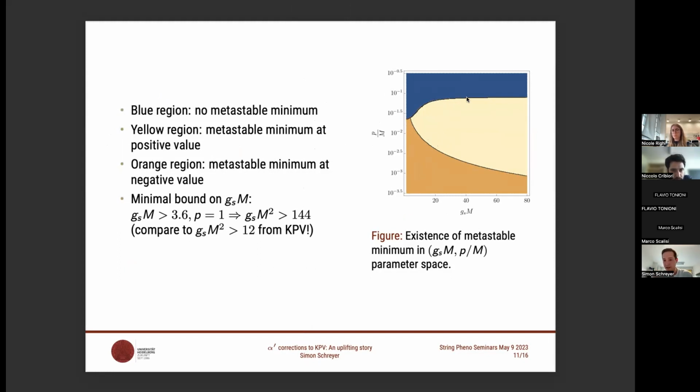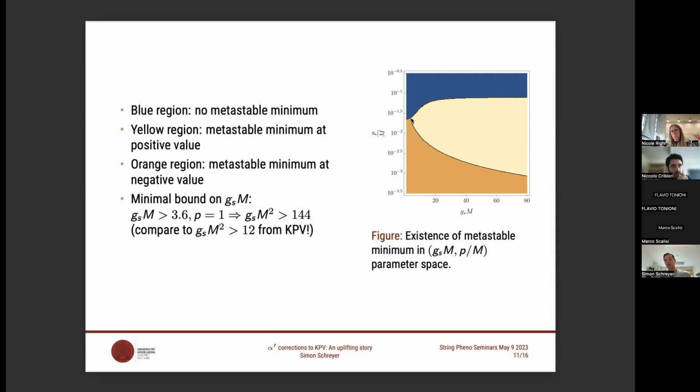This line here asymptotes towards the KPV bound P over M equals 0.08. So if you go to large GSM and large P over M, we recover the leading order analysis again. Then from the pheno perspective, it's interesting to ask what is the minimal bound on GSM squared that follows from our alpha prime squared corrected potential. For this, we go precisely towards this point here.